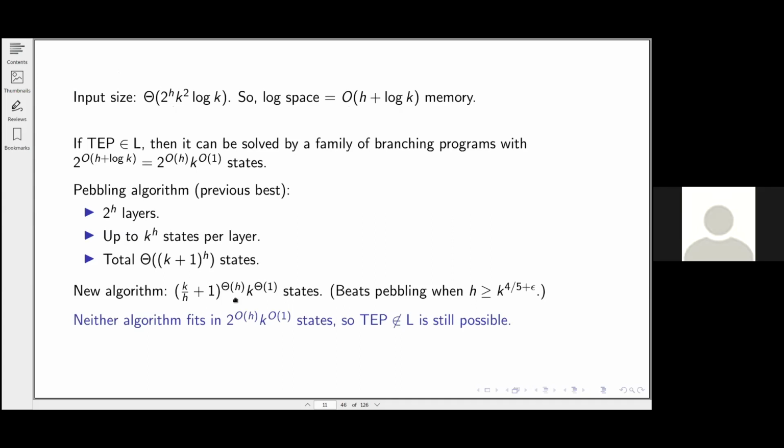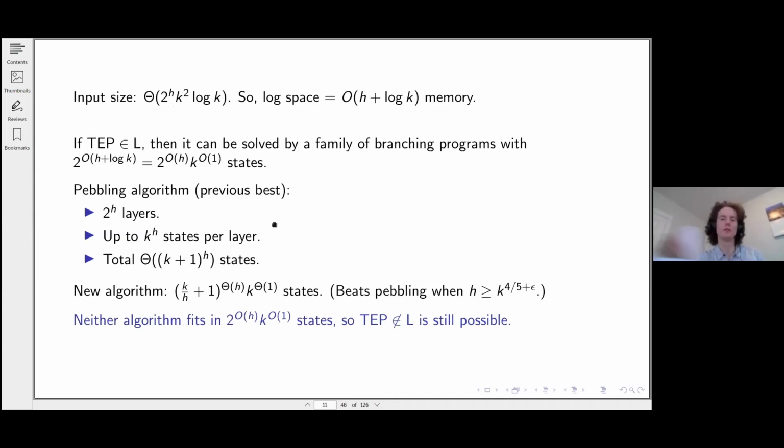So in particular, I guess the normal parameters people use are k equals h equals log n, right? I don't know if there's really a setting of normal parameters.